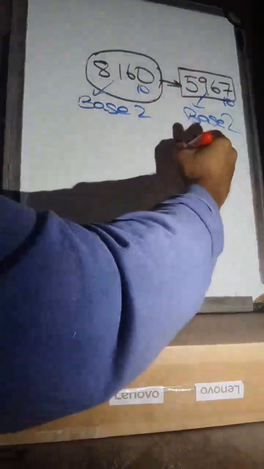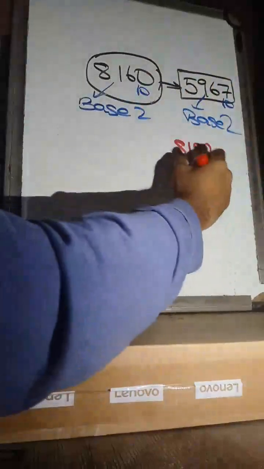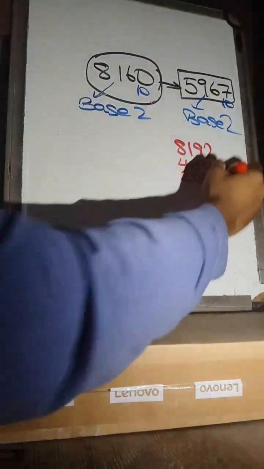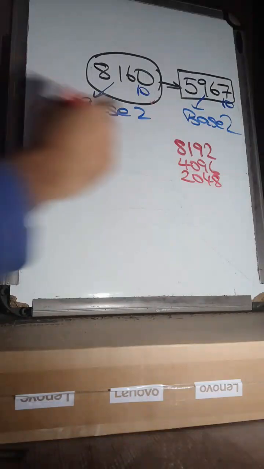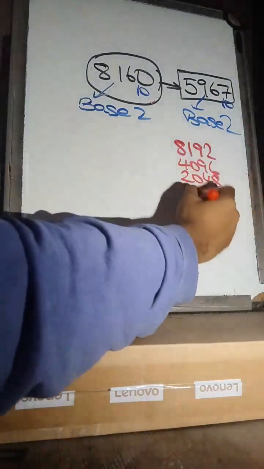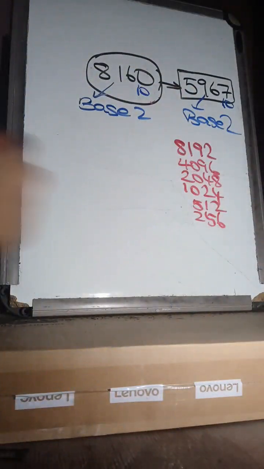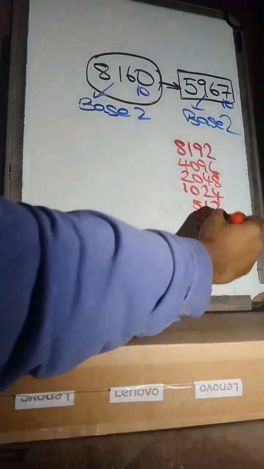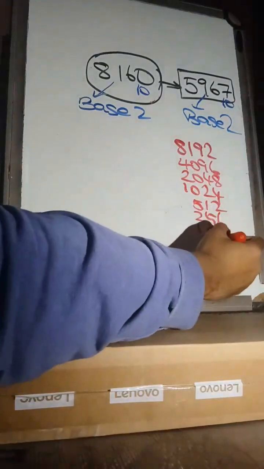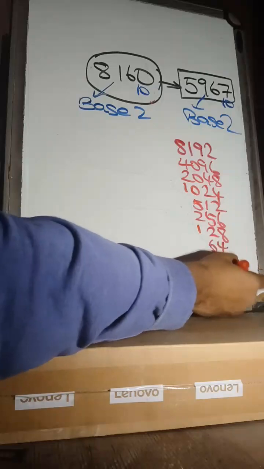So yeah. So 4096. You divide that by 2. This is 2048. After that it's 1024. Then 512. 256. 128. 64. 32. 16. 8.